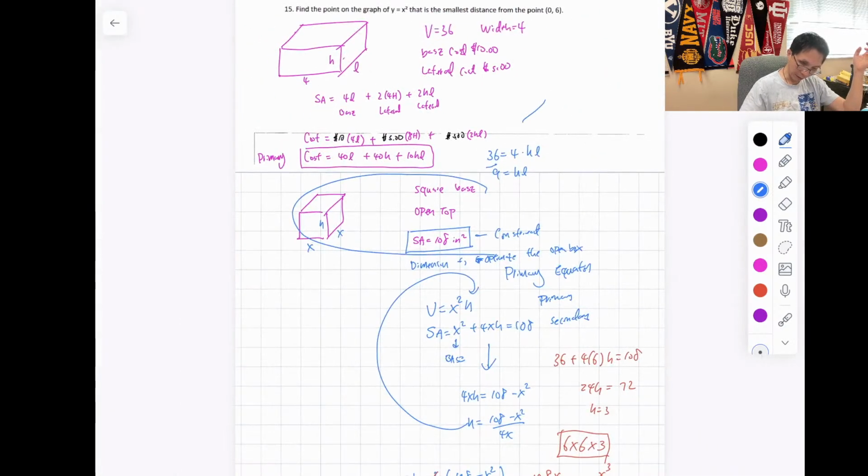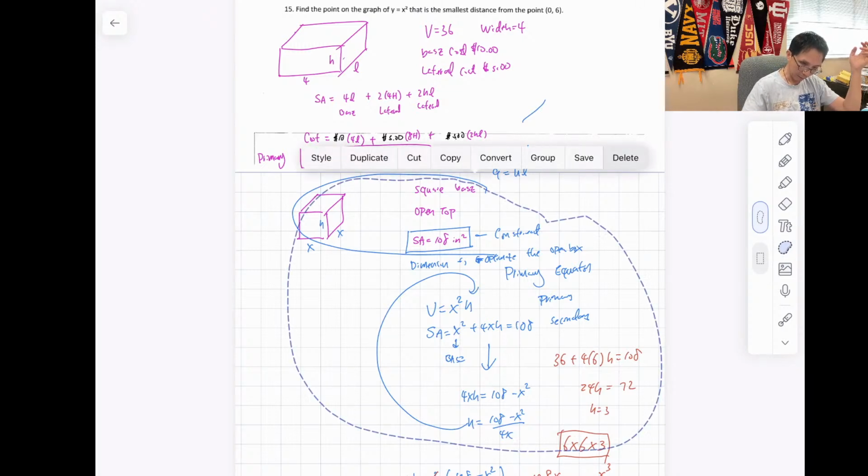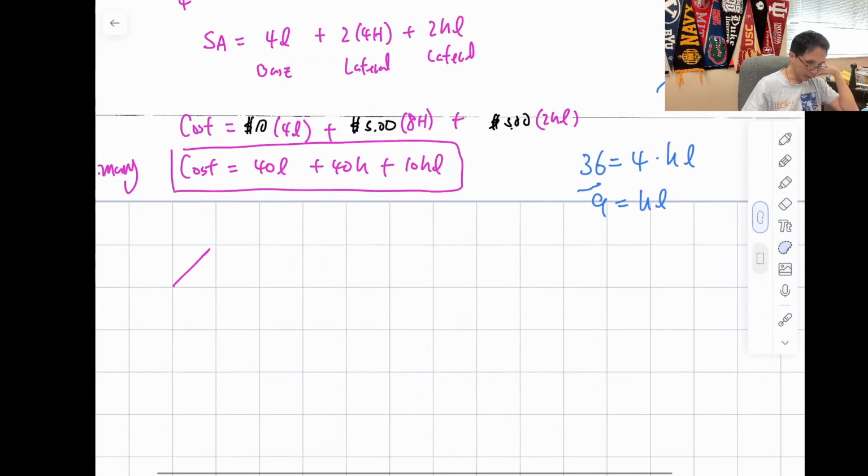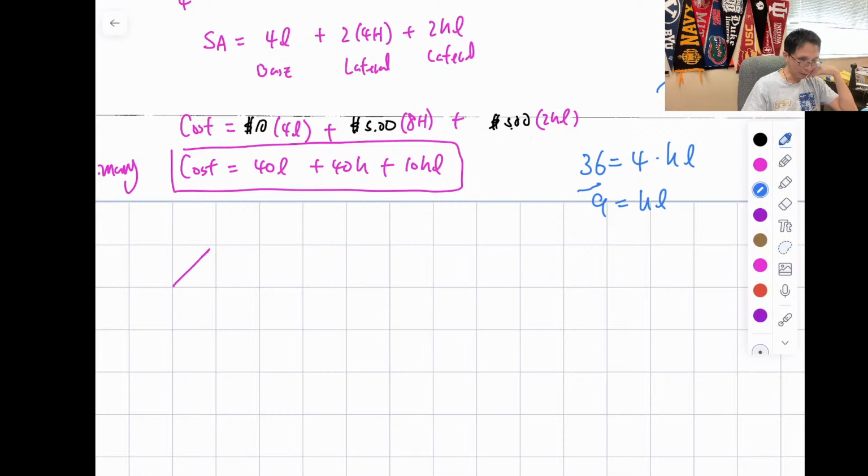So let me erase all this part. Is that okay so far? 9 equals HL. Now, can I solve for and reduce a variable? Which one I want to reduce doesn't really matter. So 9 equals HL.